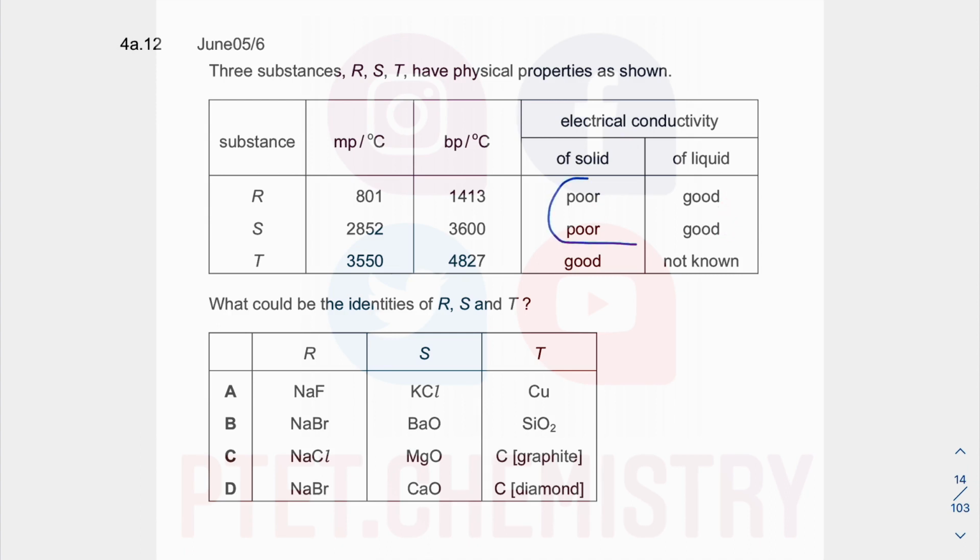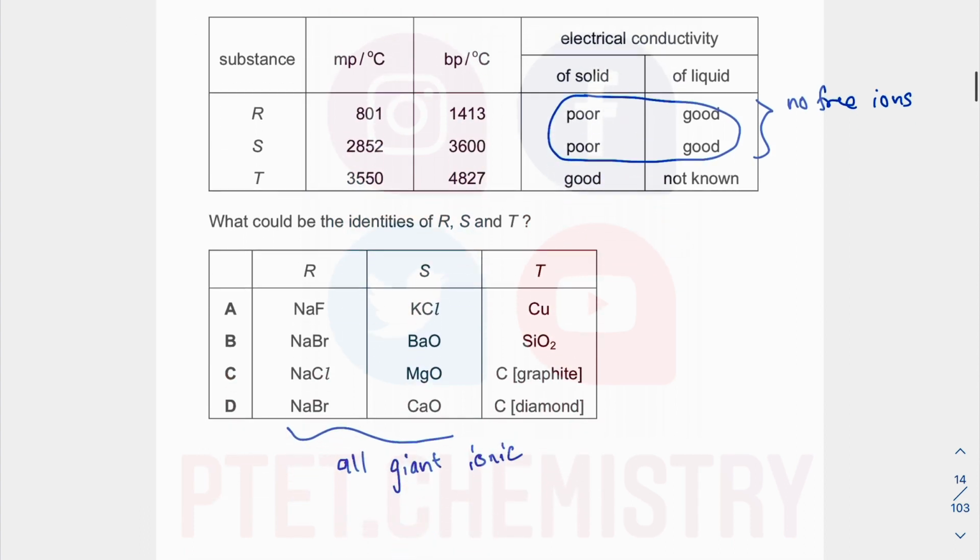So judging from these, you can tell that there are no free ions. Okay, because looking at R and S, these are all ionic compounds. All are giant ionic. Because all of them are giant ionic compounds, there are no free ions to conduct in the solid state.